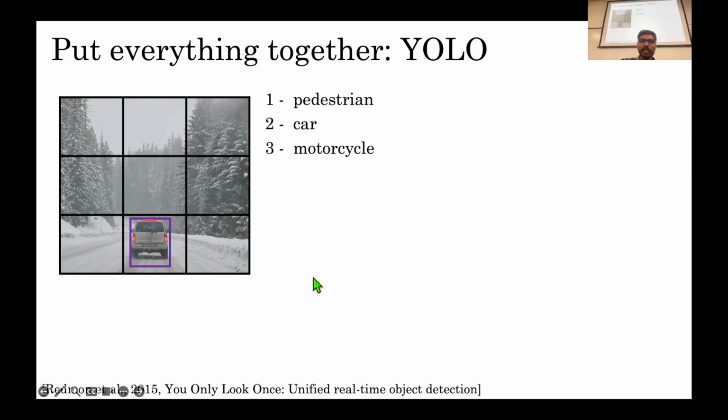In this case, we are dividing it into a 3x3 grid, and there are 3 classes: pedestrian, car, and motorcycle. We will define our y vector like this: PC, BX, BY, BH, BW, C1, C2, C3. But in this case, the y will be a 3x3x8 vector. Why 3x3? Because for each of those windows, you want to define this 8-sized vector that we just saw in the previous slide.